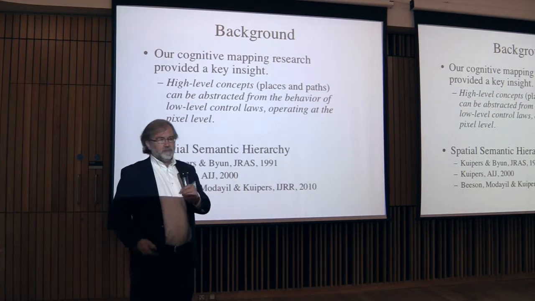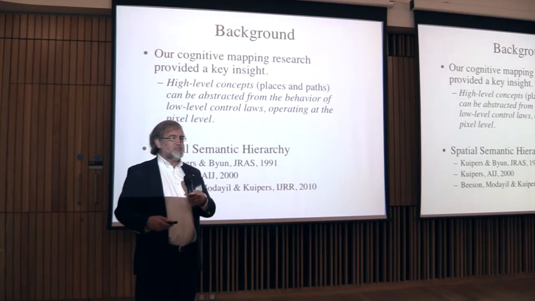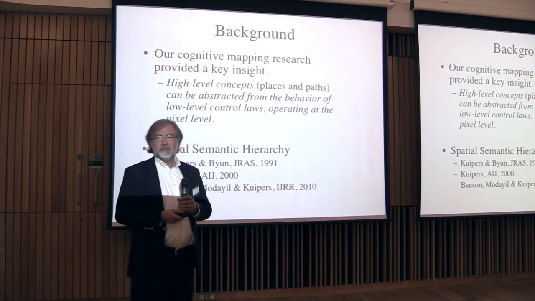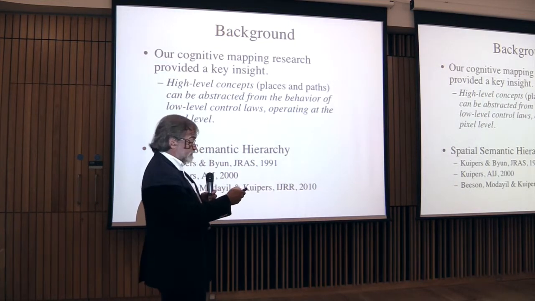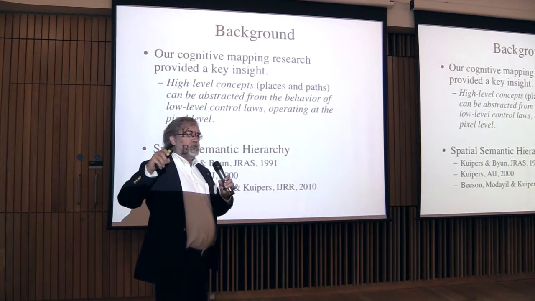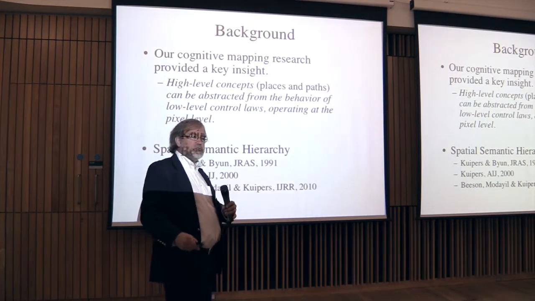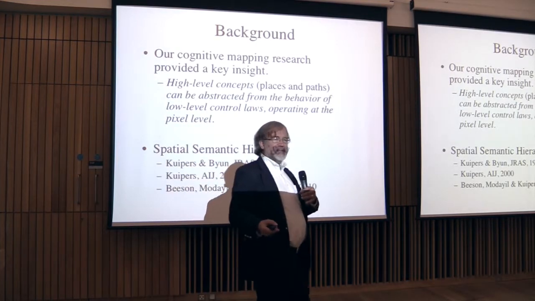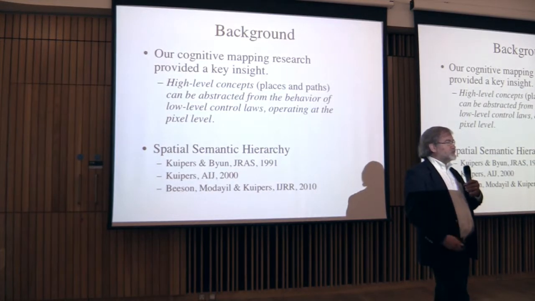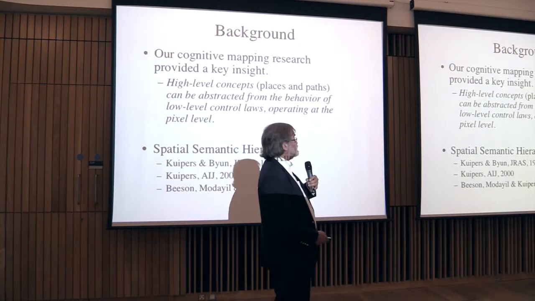Now, I'm gonna actually go through in the usual detail some slides you've seen before, because I think it's worth it. They were at the beginning of the previous talk. But this whole idea of learning higher level concepts from lower level inputs without sort of cheating and telling it what higher level concepts it wants was sort of inspired by the notion of learning places from the notion of distinctive states.